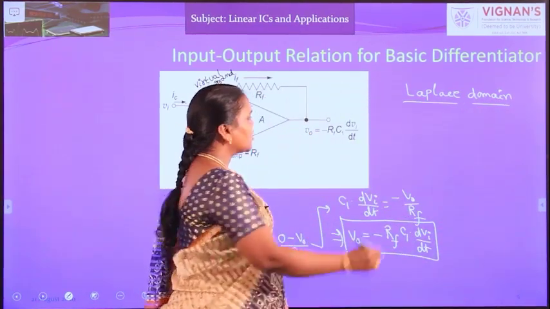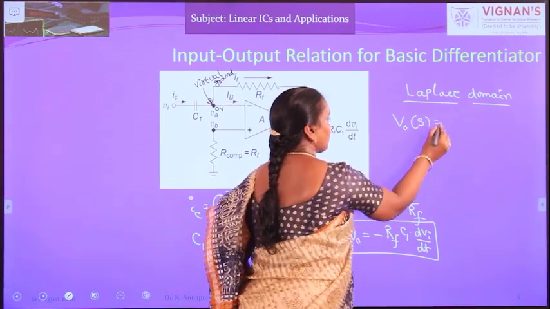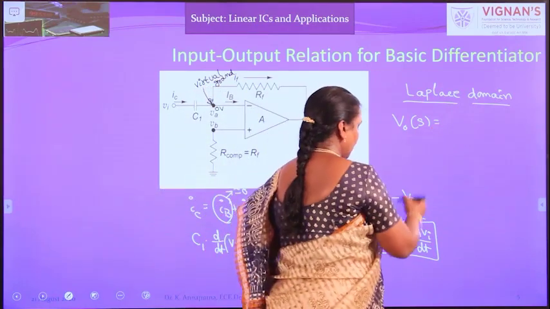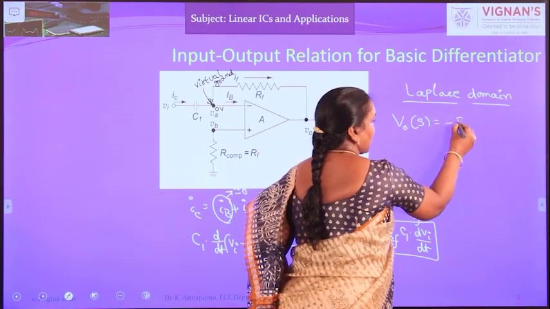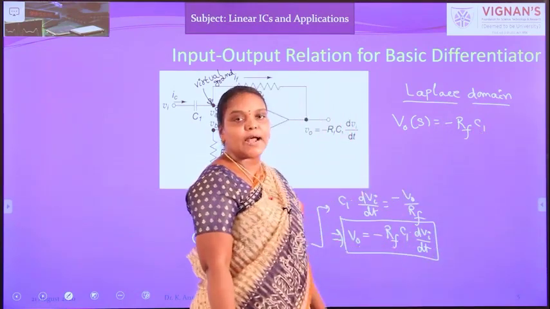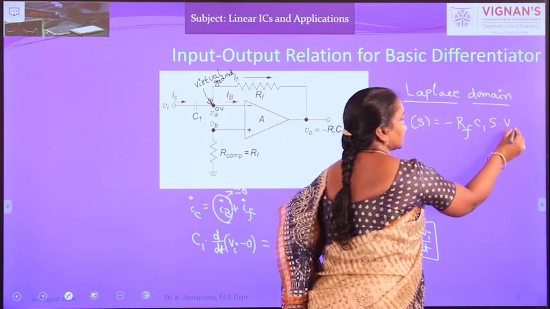Okay, so V0 of t becomes V0 of S, that is equal to minus RF C1, here they are just like constants, and differentiation of Vi means S into Vi of S.